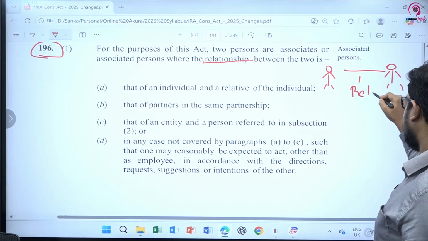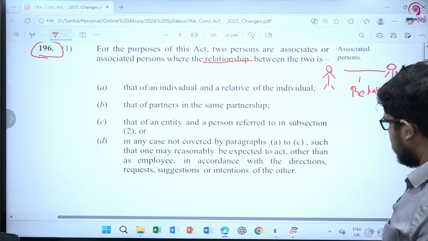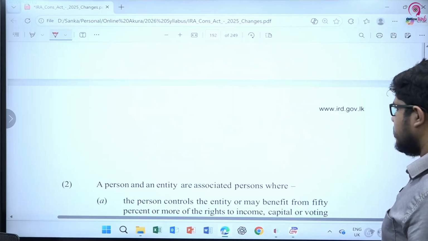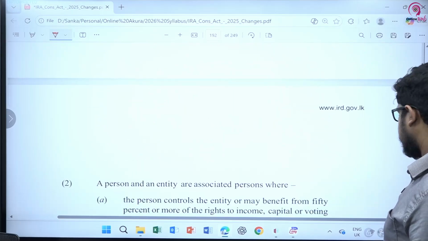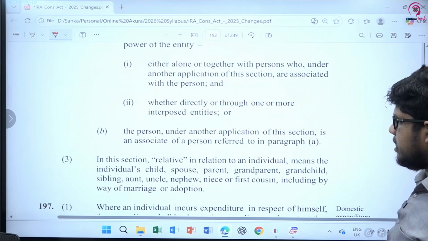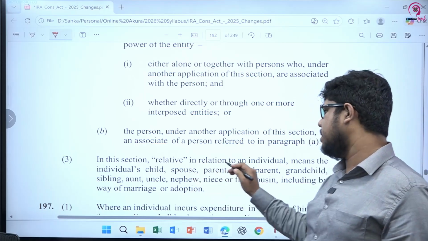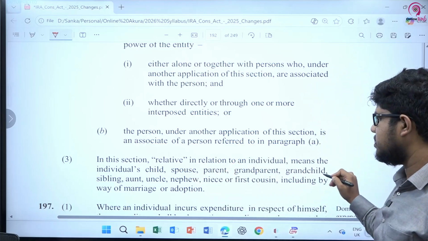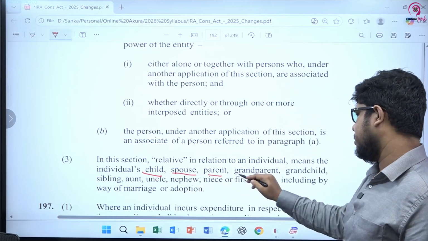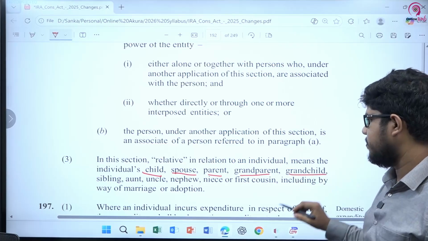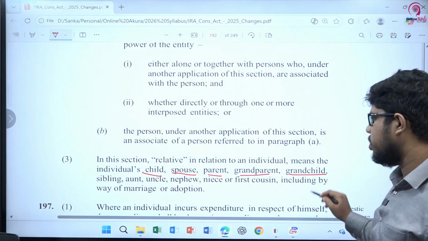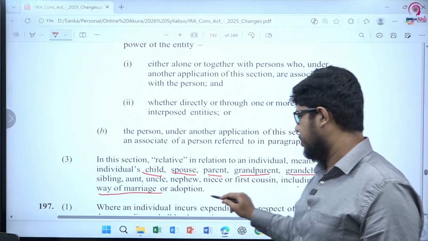Relative is also explained in this section. Relative in relation to an individual means the individual's child, spouse, parent, grandparent, grandchild, sibling, aunt, uncle, niece or first cousin, including by way of marriage or adoption.